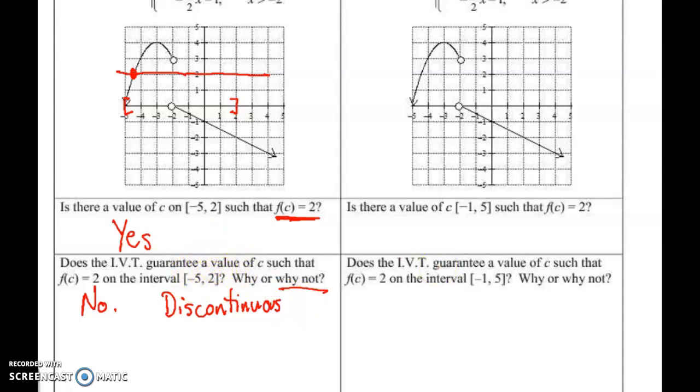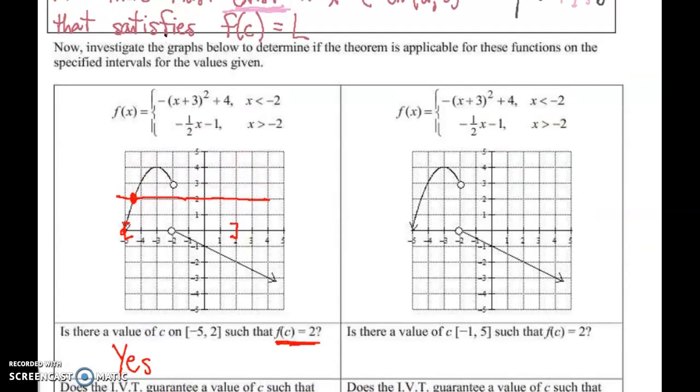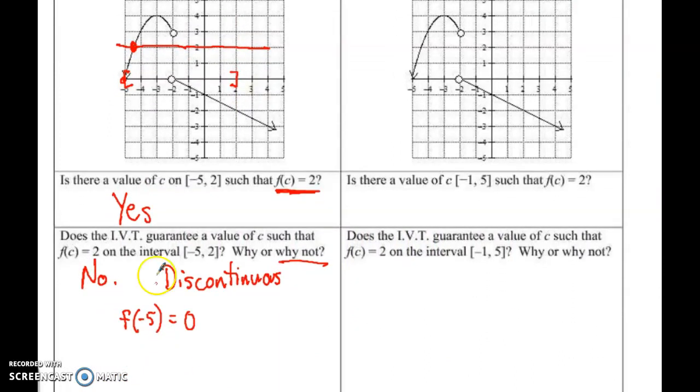The other reason, there's actually two reasons why the intermediate value theorem applies, is if you look at the y values: f of -5 equals 0, and f of 2, I didn't even realize it was defined up there, I could have found the actual value, but we don't need to, is equal to -2.